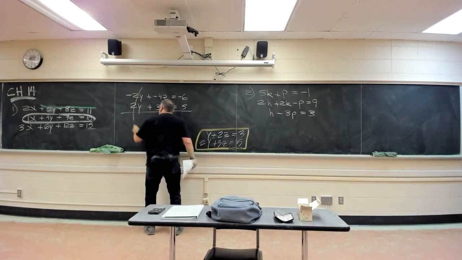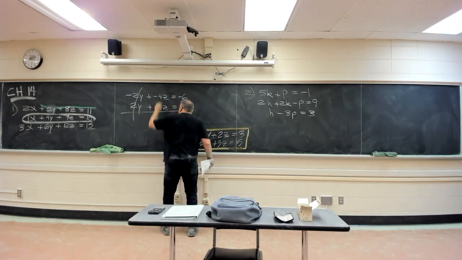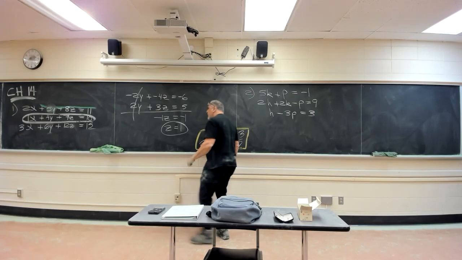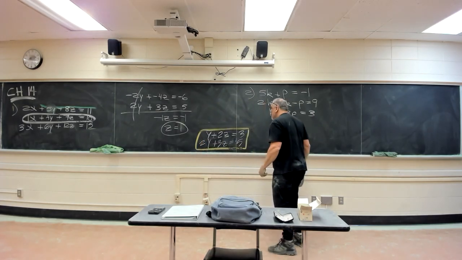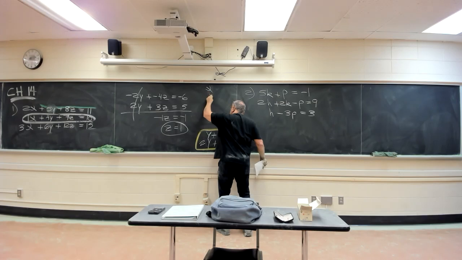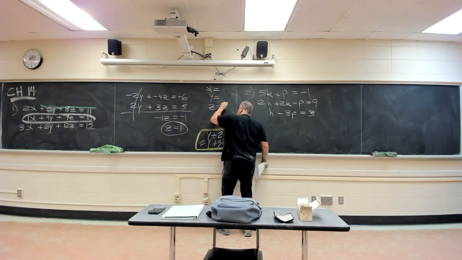This and this, nothing. This and this, nothing. This and this, -1. Divide by -1 on each side. Z equals 1. That's a lot of work to get z equals 1, but we got it. We're going to find x, we're going to find y, we're going to find z. We just found z equals 1.